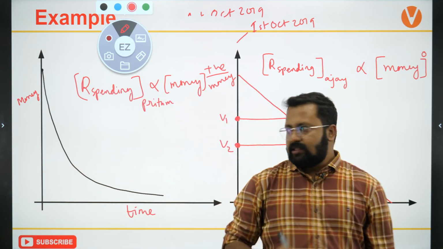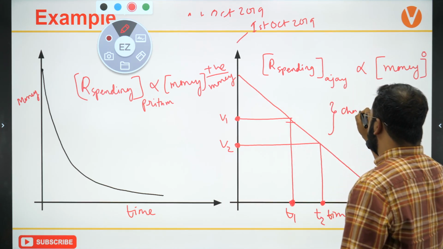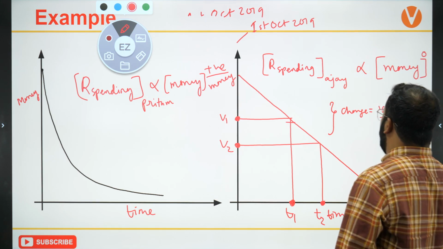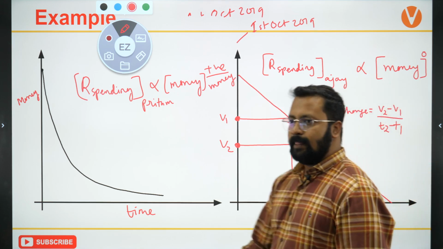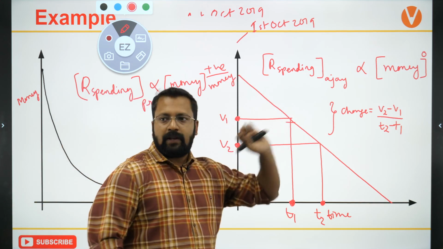If I calculate the change, how do I calculate the change? Change will be calculated as V2 minus V1 upon T2 minus T1.